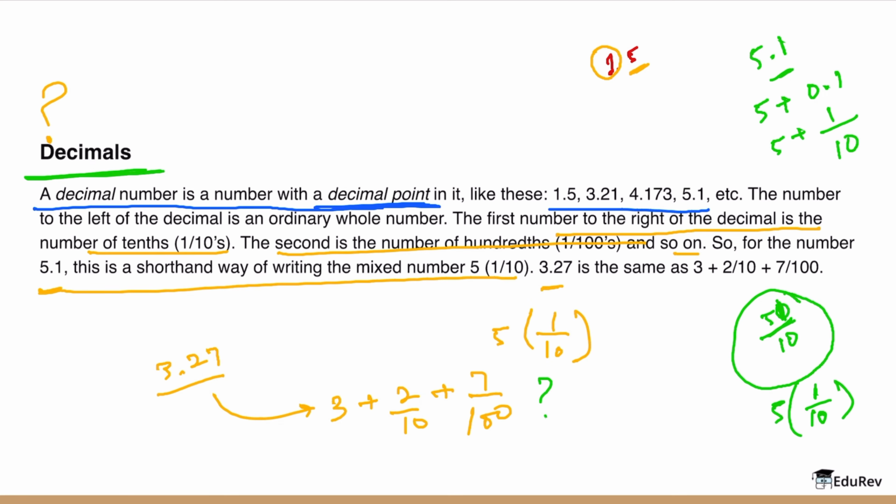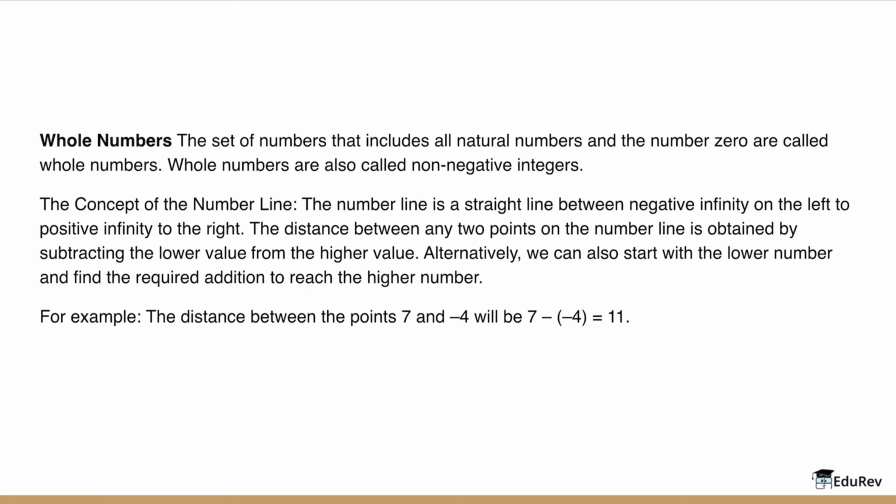So moving forward, what do we have? We have whole numbers. I feel you know what whole numbers are. I've told you this before. So let's quickly revise without further ado. What are whole numbers? The set of numbers that includes all the natural numbers and the number 0 are your whole numbers. Whole numbers are also called non-negative integers.